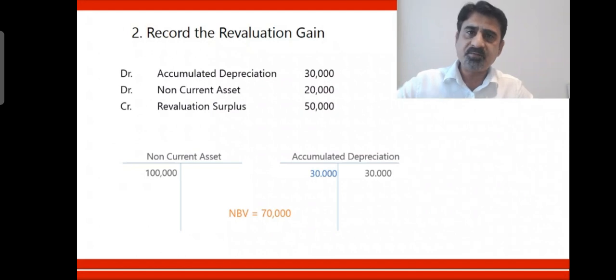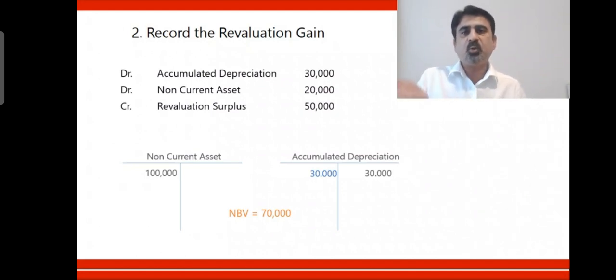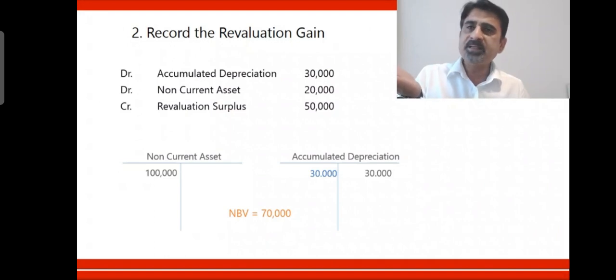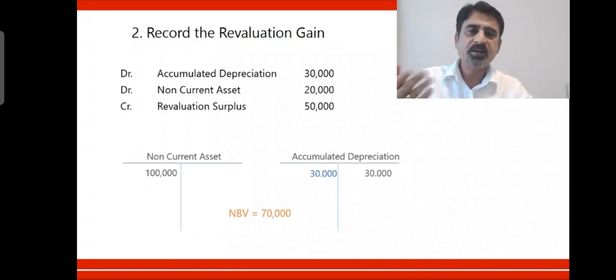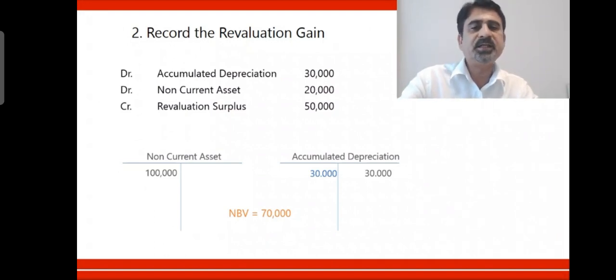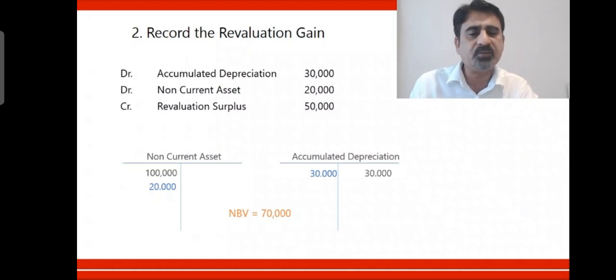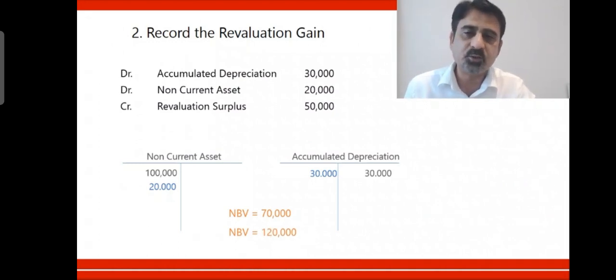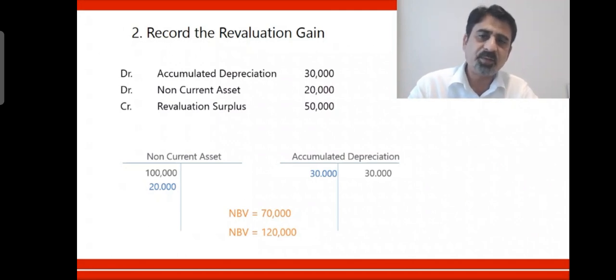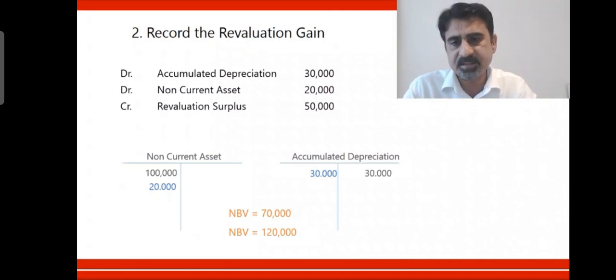So first we reverse the accumulated depreciation. It helps us to take the asset to the original position of 100K, and then from 100K we add 20K and we say now the asset is 20,000 higher. So here we are adding 20,000 to the non-current asset, because in reality the non-current asset only increased by 20,000. And now you've got a net book value of 120,000. So this is the logic behind reversing the accumulated depreciation.